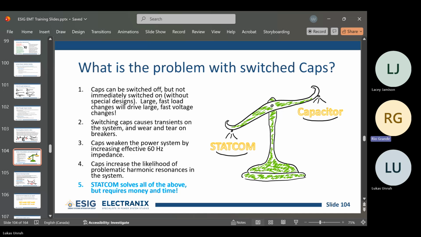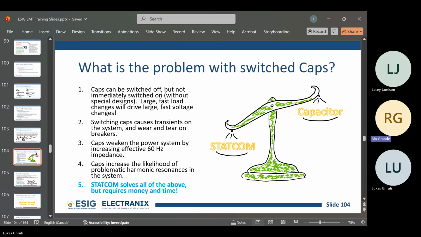When you have more capacitance in the system, you're taking the parallel resonances and you're shifting them to lower frequencies. So then your impedances will all go up as a result of that cap being in. So it'll increase voltage sensitivity and all these things. And the increased likelihood of problematic harmonic resonances in the system.